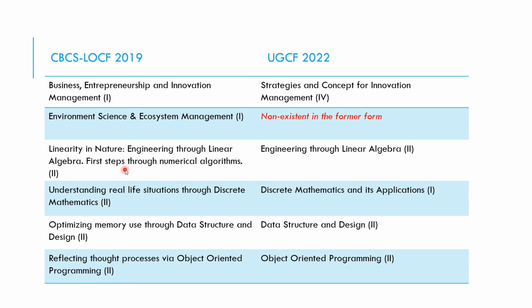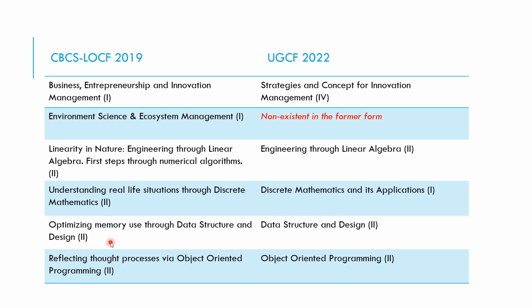Earlier we had Linearity in Nature, Engineering Through Linear Algebra, First Steps Through Numerical Algorithms in semester 2. It has been rebranded as just Engineering Through Linear Algebra right now. We had Understanding Real Life Situations Through Discrete Mathematics in semester 2, which has been rebranded as Discrete Mathematics and its Applications in semester 1.